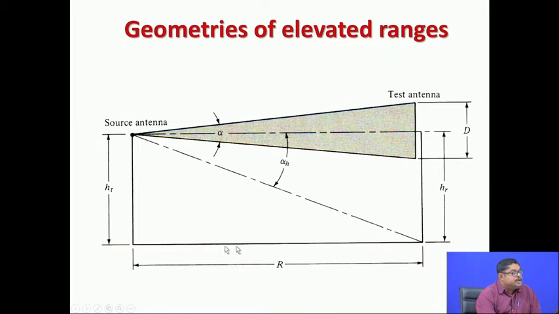The ground terrain should also be smooth, and there should not be any reflection from the terrain. Then the source antenna is illuminating and the test antenna is receiving, but nowadays with high rise buildings etc., it is very difficult to get these.